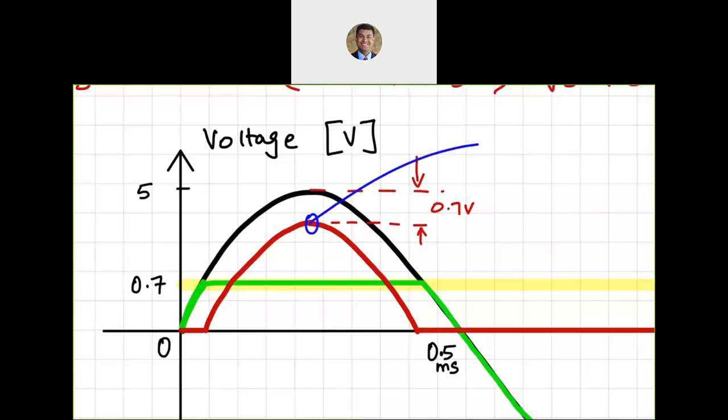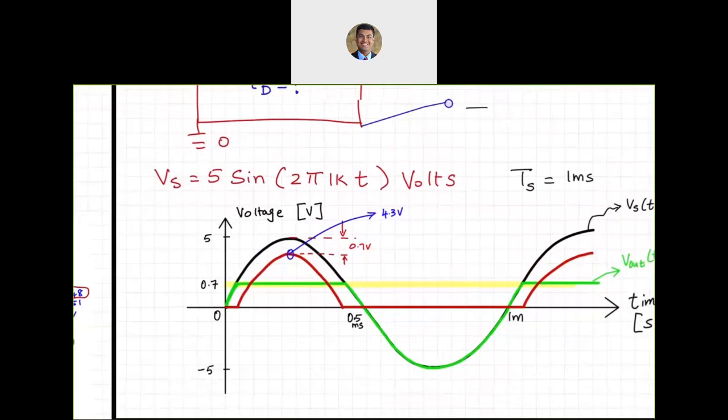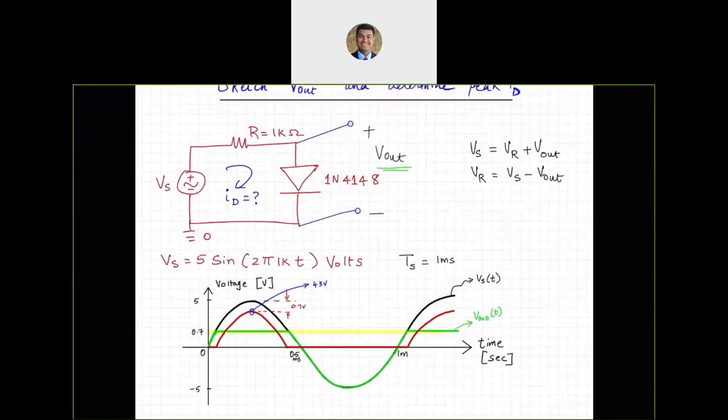That value should be 5 minus 0.7, so 4.3 volts. So I can say the peak voltage across the resistor is 4.3 volts.